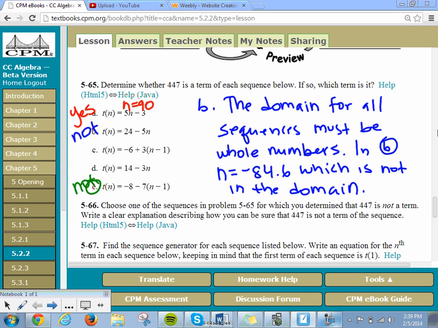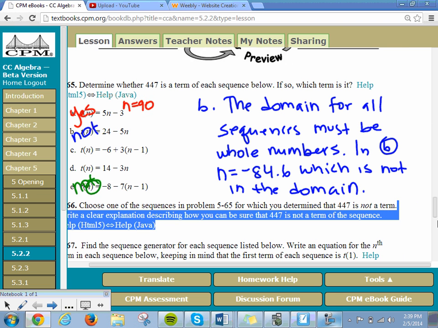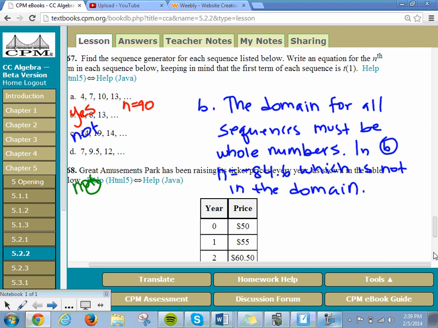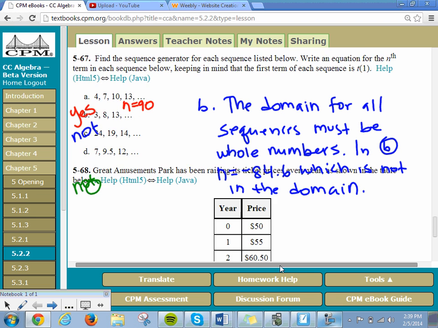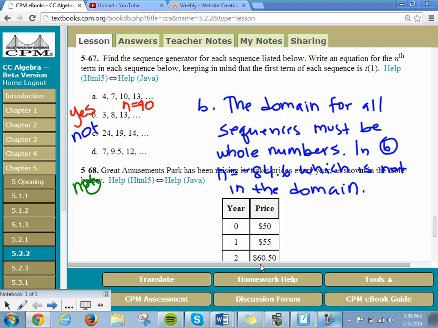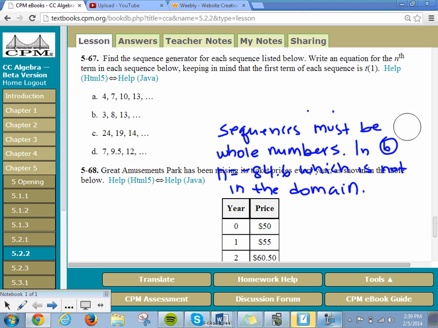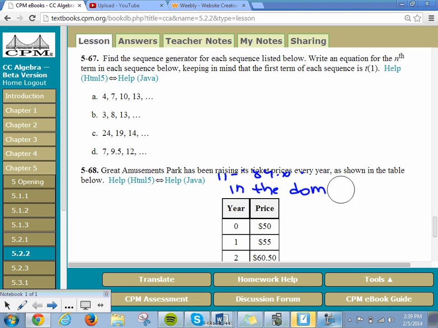I'm going to go ahead and move on to 67. So I'm going to scroll down and then erase. All right. So in 67, it wants us to find the sequence generator for each sequence listed below, and to write an equation for the nth term in each sequence.